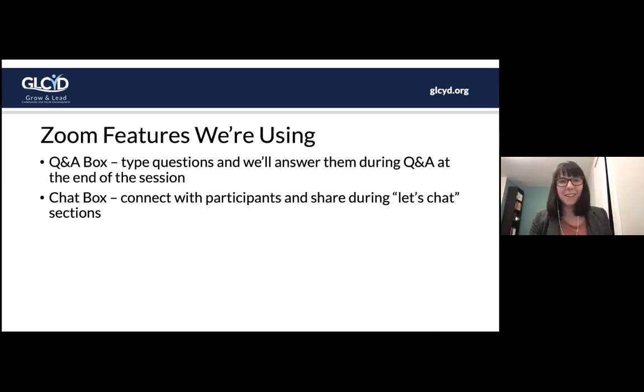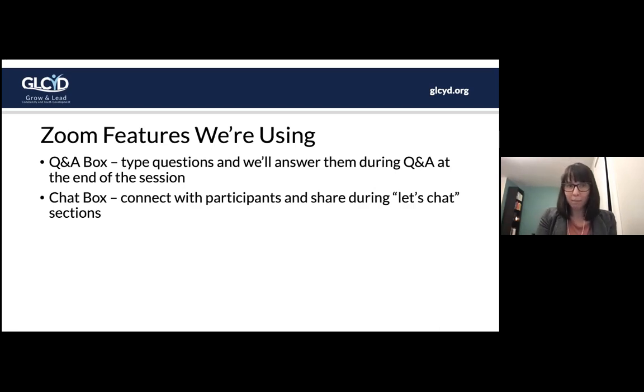I wanted to give everyone a little overview of some Zoom features that we'll be using tonight before we jump in. First off, there is a Q&A box in your bottom tray. I'll ask that you type your questions that you'd like answered during the Q&A time at the end of the session into that box.